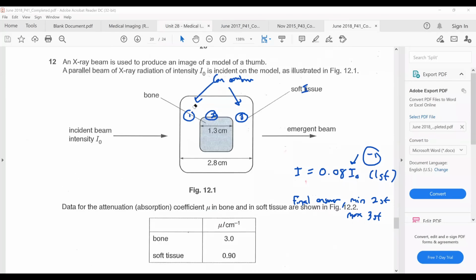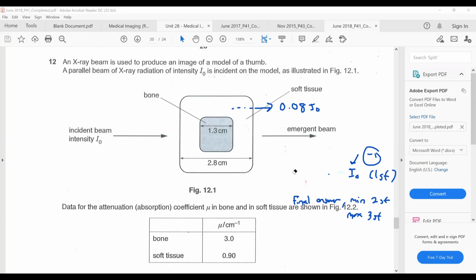Maybe I should write this one off. If you're talking about the intensity that has just emerged from soft tissue alone, it is 0.08 I naught.